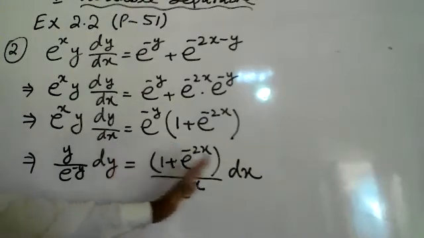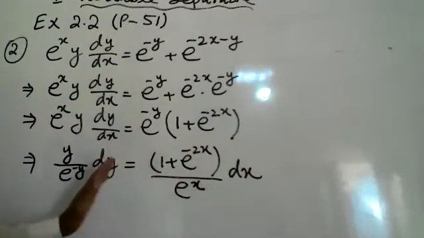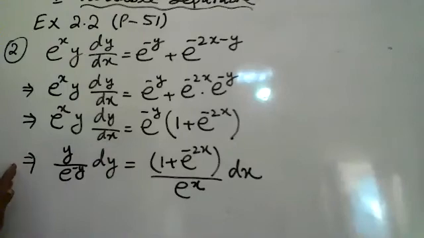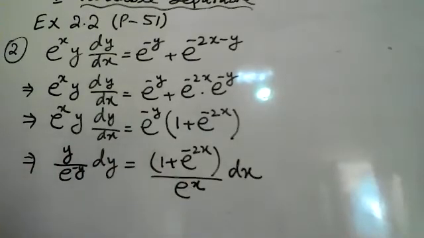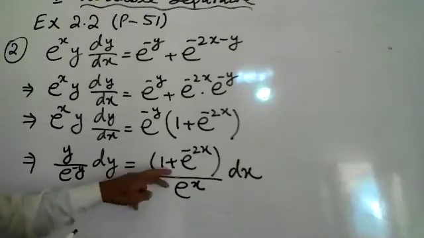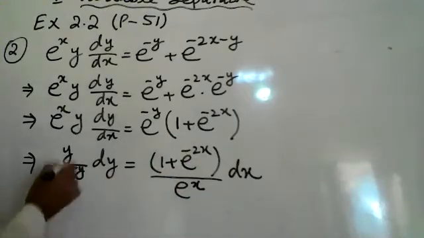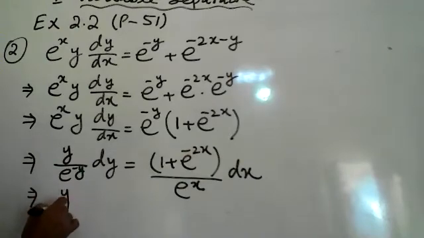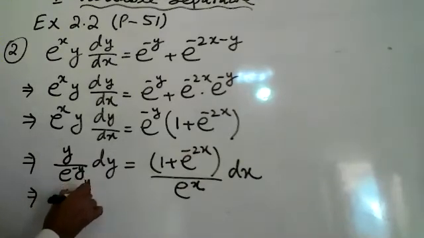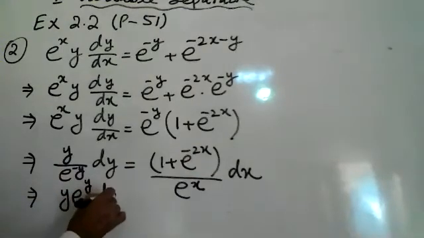Now all the x's are on the right side and all the y's on the left side. Now we will simplify this one and this one also. It will become y into e raised to power y. Minus y will go up, e raised to power y dy.